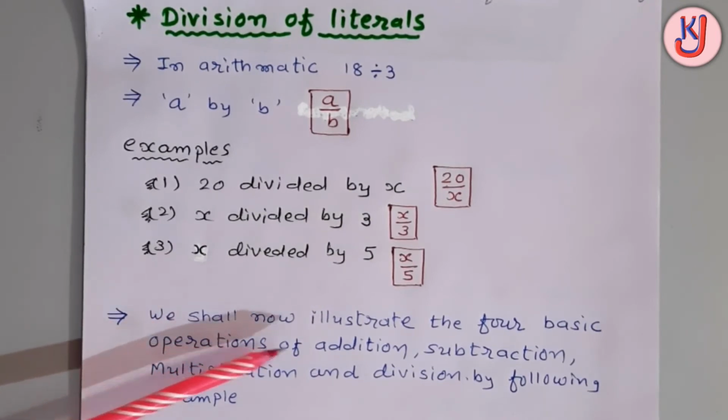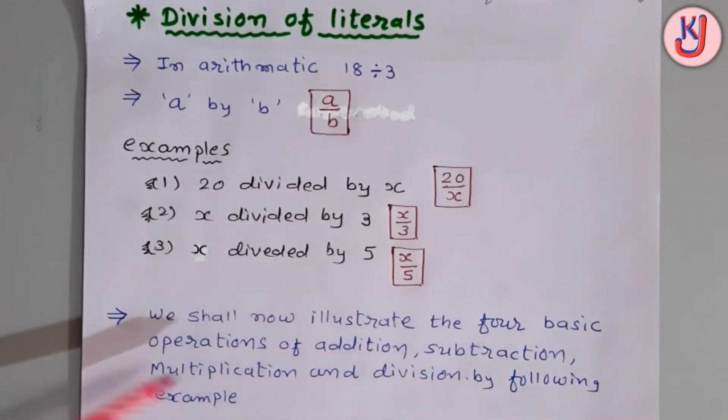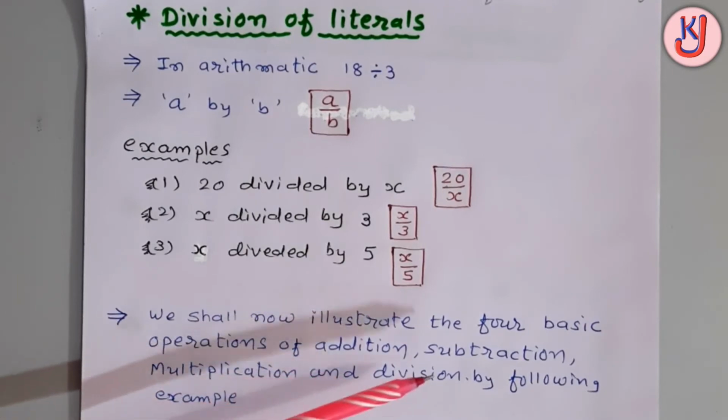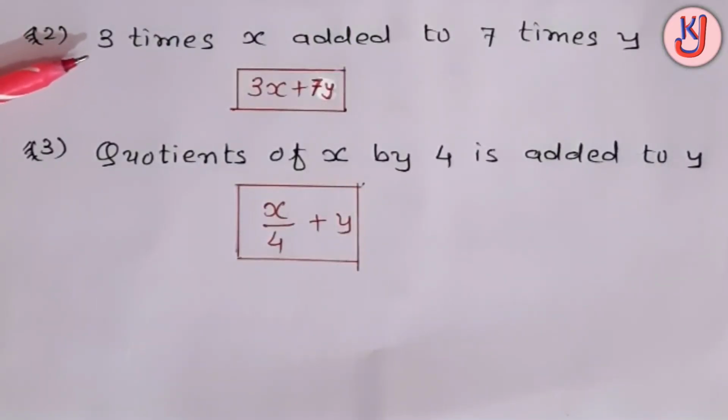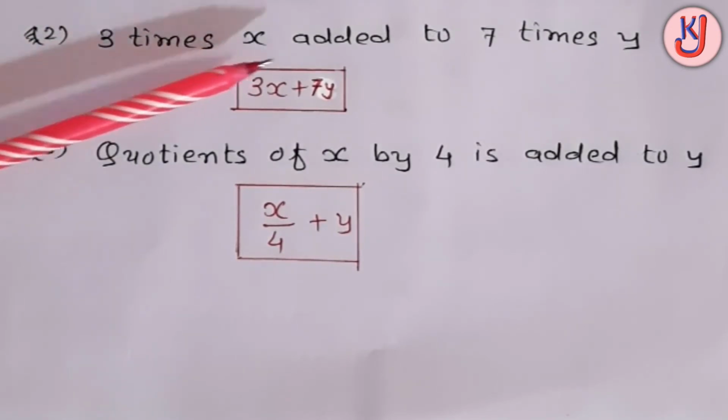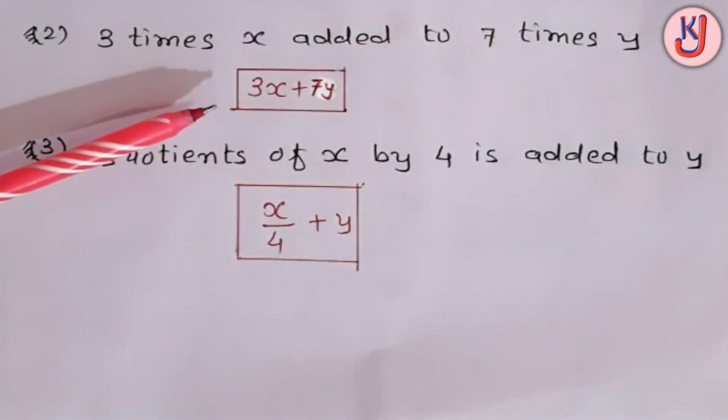We shall now illustrate the four basic operations of addition, subtraction, multiplication and division by following examples. Now see this statement: 3 times x added to 7 times y.